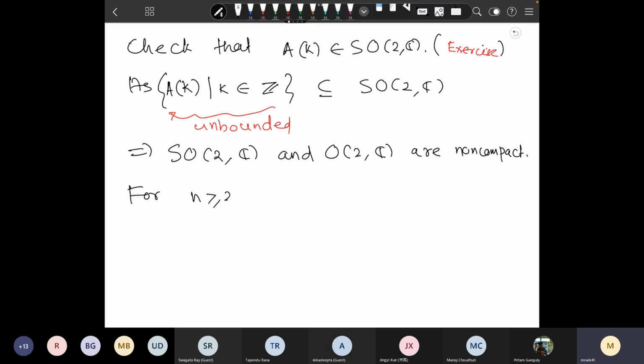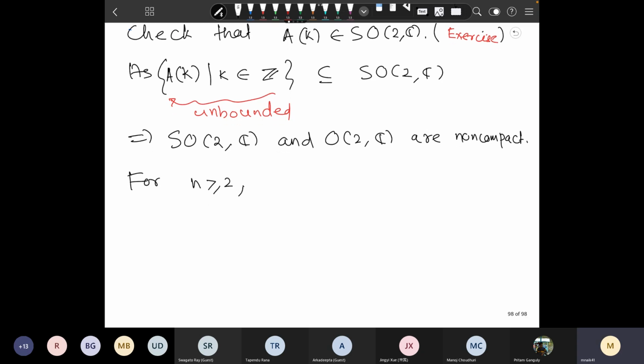For n greater than or equal to 2, I use the same kind of argument. Let me put A_k here, and the rest of the thing I put identity, and the rest of the thing is 0.